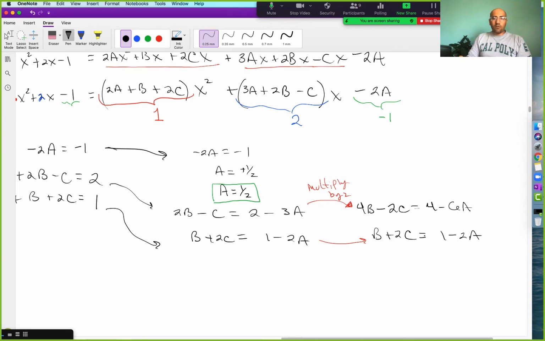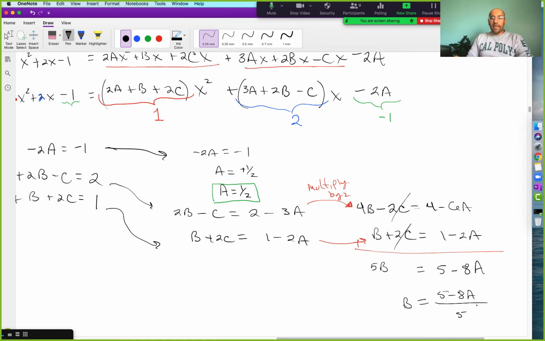Good. And now I can add them. I'm going to add these two, and that gives me 5b. These guys cancel. 5b equals 5 minus 8 capital A. So b equals 5 minus 8 capital A over 5.